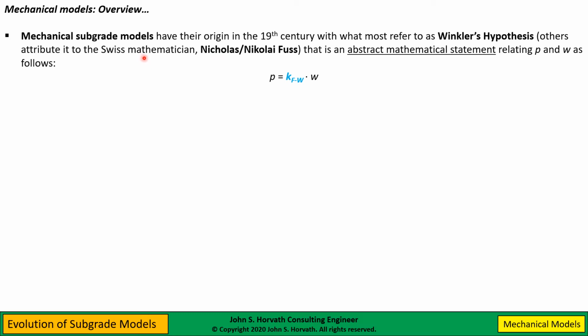Fuss was a Swiss mathematician, spent much of his professional life in Russia, Imperial Russia, hence the dual versions of his given name. But what I call the Fuss-Winkler hypothesis is just an abstract mathematical statement. Subgrade reaction is related to subgrade settlement by this coefficient.